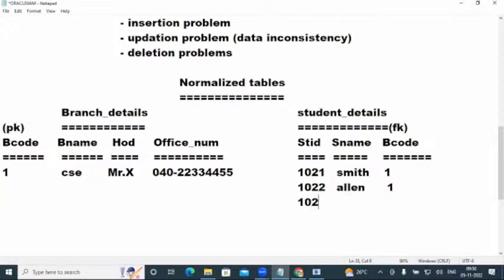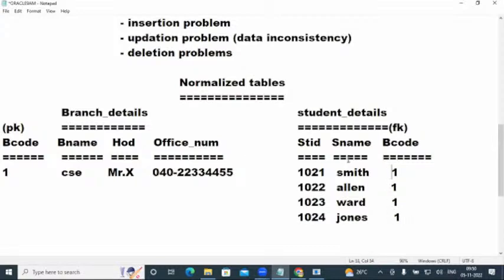Now 1023, student name is Ward, branch code is 1. Next, student 1024, name is Jones, branch code 1. So now I just keep it like this.